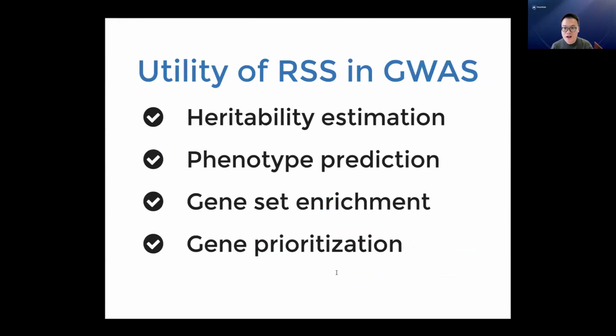So hopefully I have convinced you that the RSS framework, the regression with summary statistics framework, can be useful in at least 4 different applications. There are several more, like fine mapping and Mendelian randomization, that I don't want to get into today because a lot of material has been presented.